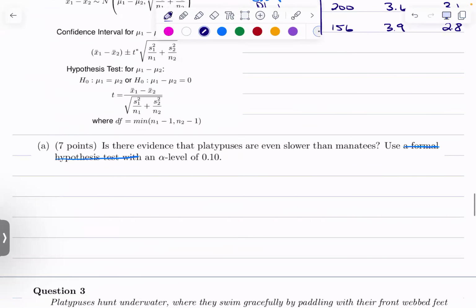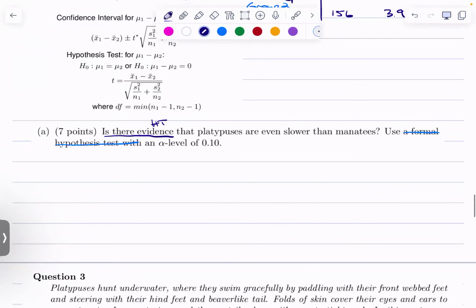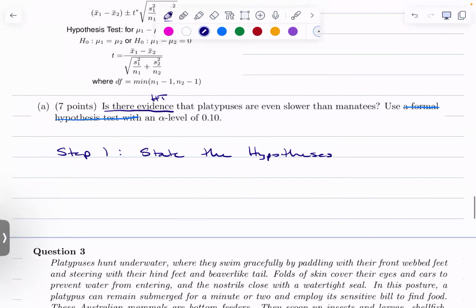Quick run through of the conditions. But now, is there evidence? That means I have to do a hypothesis test, even without that explanation there. Which means that step 1 is, of course, state the hypotheses.